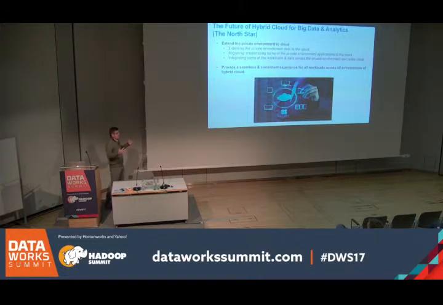And we also want to integrate workloads. New data is being generated on the public cloud, and you have your existing data on-prem. How will you integrate this together? And at the end, what we are trying to do is provide a seamless experience for any persona that is going to work in this environment to be able to access the data and generate insights from data that's coming from everywhere.